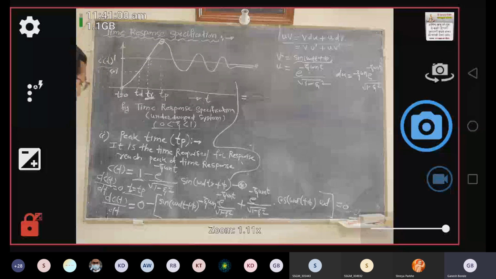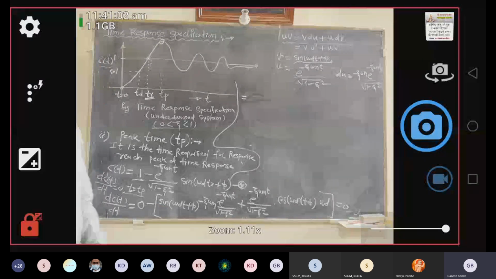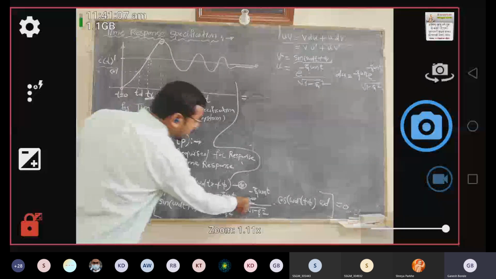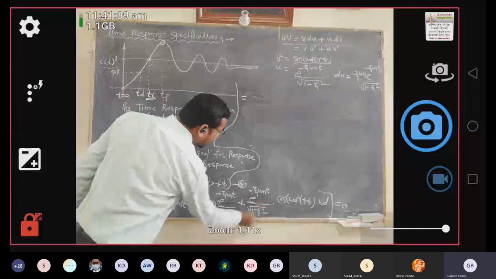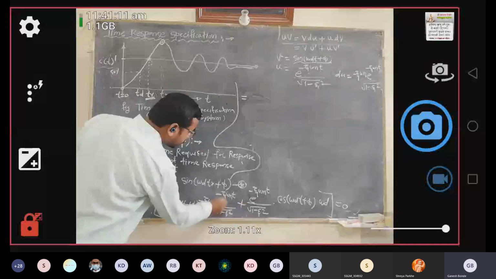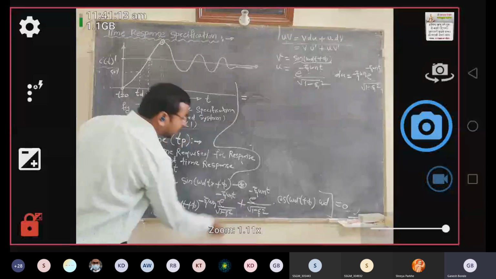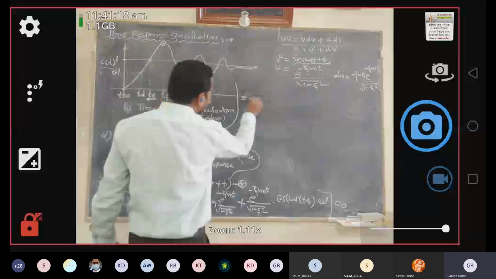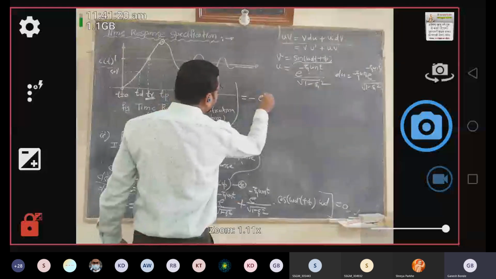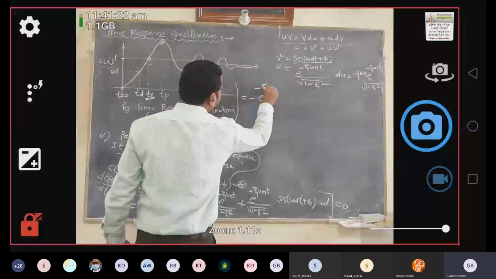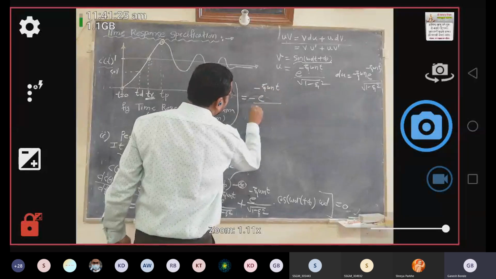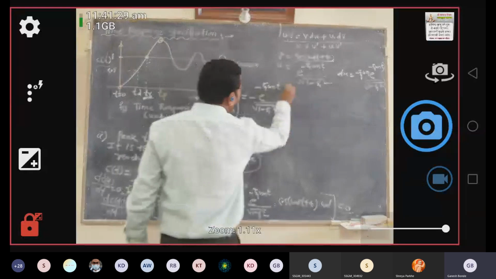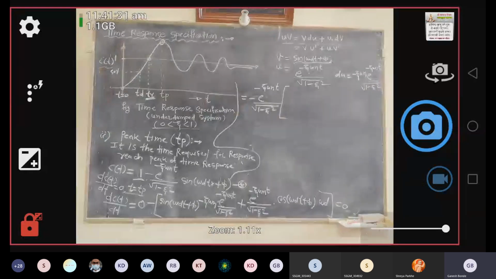So from these two terms, what is your observation? You just take the common term, e raised to power minus zeta omega nt upon square root of 1 minus zeta square. These terms are common in both terms. So here is minus, and we take this term common. What is the remaining term?